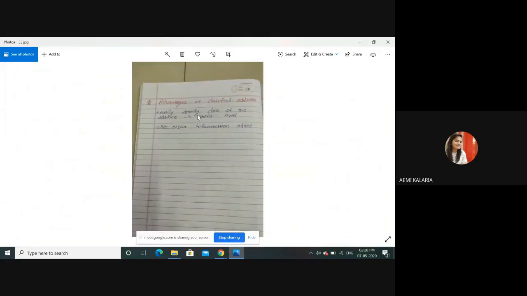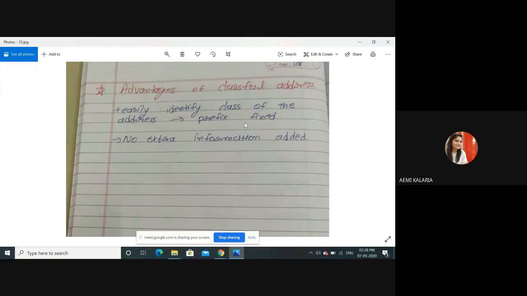Now what are the advantages of our IP addresses? We can easily identify the class, right? Because the range is fixed. So from that I can identify, okay, this is a class A address, class B address, class C address, right? And no extra information is added. Why? Because every time a fixed amount of information I can send, 32 bits only.